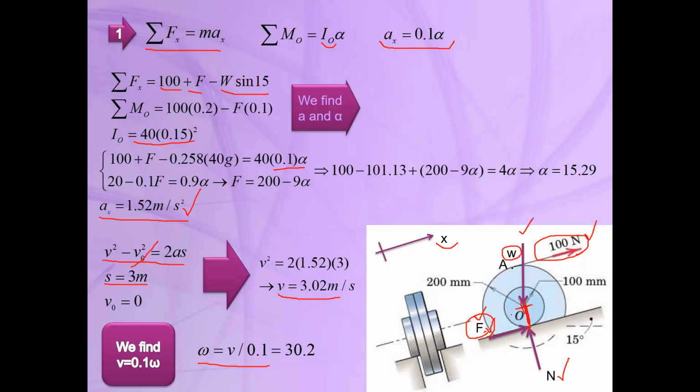So when it has a pure rotational motion, and we know that the velocity of this mass center V is equal to 3 meter per second, the angular velocity is equal to this V divided by this radius, which is 0.1. So this is the angular velocity, 30 radian per second. And in the next slide, we will solve this problem using the work and energy equation.